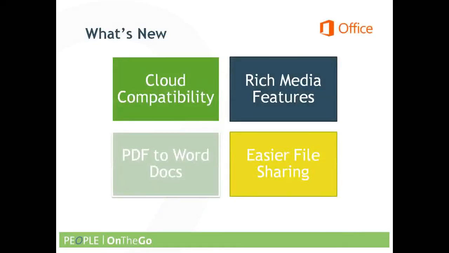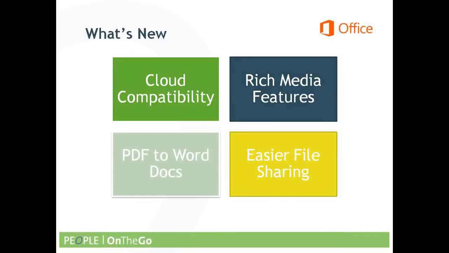So let's look at some of the things that are new in these various devices, in these various implementations. Again, we talked about this a bit before, but we have our cloud compatibility. So you'll be able to access your files from a variety of devices.